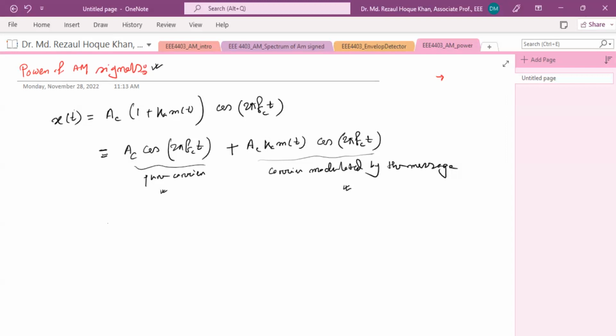So which part do we want to find first? Let us find the modulated carrier first. Here we have two components.